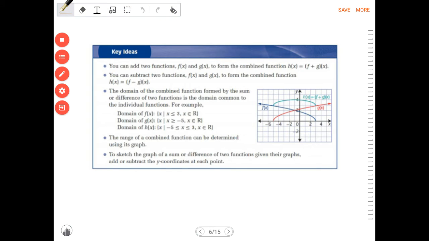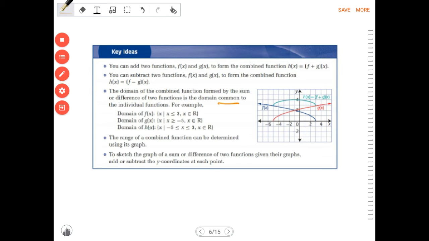Okay, so the key idea is you can add two functions, f of x and g of x, to make a combined function. You can subtract them in the same way. The domain of the sum or difference of the two functions is the domain that's common to the two individual functions. So there's a nice little example here of kind of a weird one. The domain for f of x, that's the blue line over here, is x is less than or equal to 3.